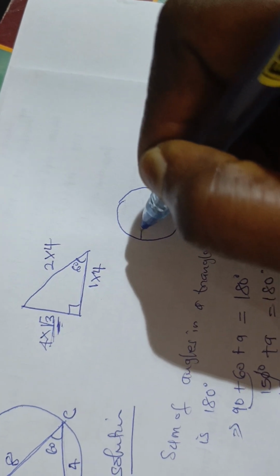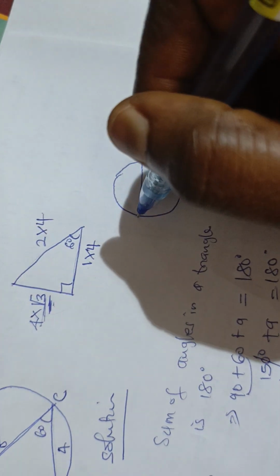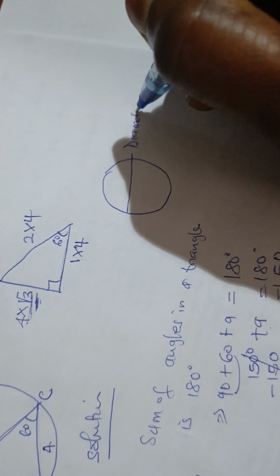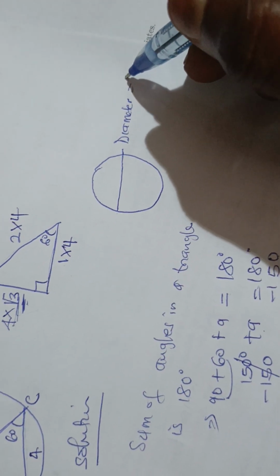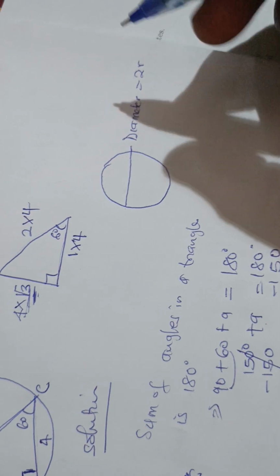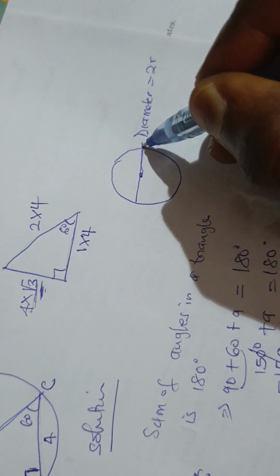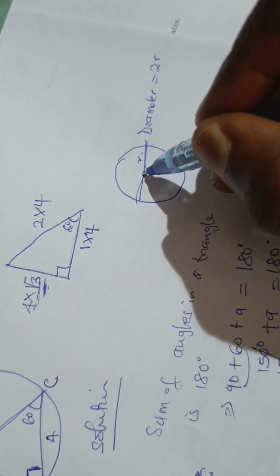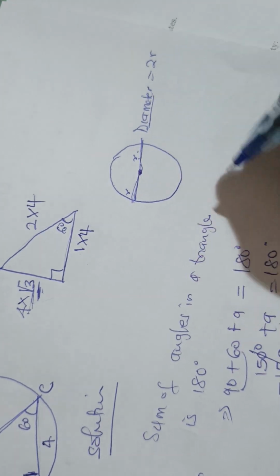If you have a line dividing a circle into 2 equal parts, the whole of that line is called the diameter, right? And a diameter is joined by 2 radii. That is, from here to here is a radius, and from here to here it is a radius. 2 radii will give you a diameter.